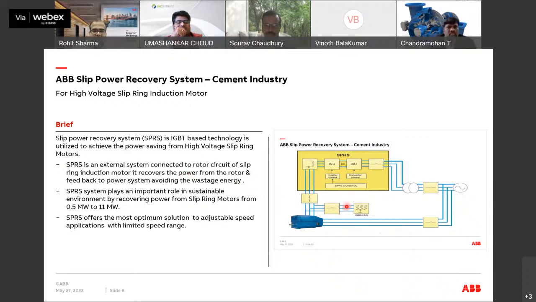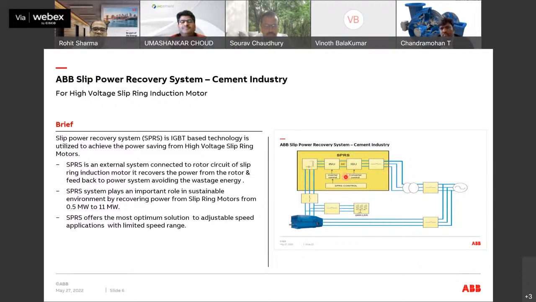So it looks like this: in the SPRS system, the motor is powered through the vacuum circuit breaker, and whenever the rotor voltage is varied and comes to a certain set level, like 690 volt or 415 volt, at that moment it takes the changeover and it is controlled by the GRR.